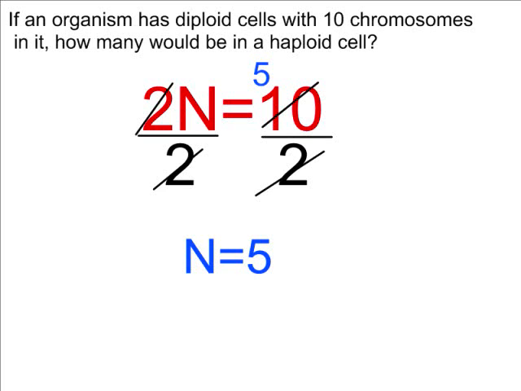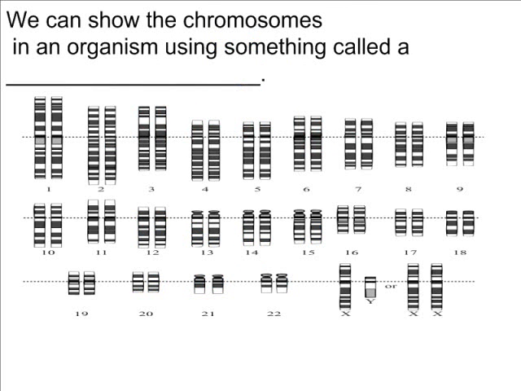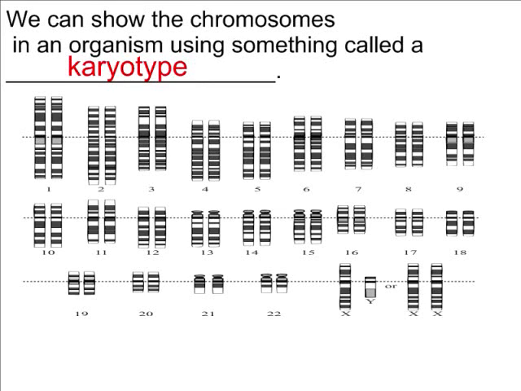Now we can represent all of the chromosomes in an organism with something called a karyotype that's seen here. Right, now in a karyotype, we pair the chromosomes together from the set from mom and dad based on the banding patterns of genes on each chromosome.